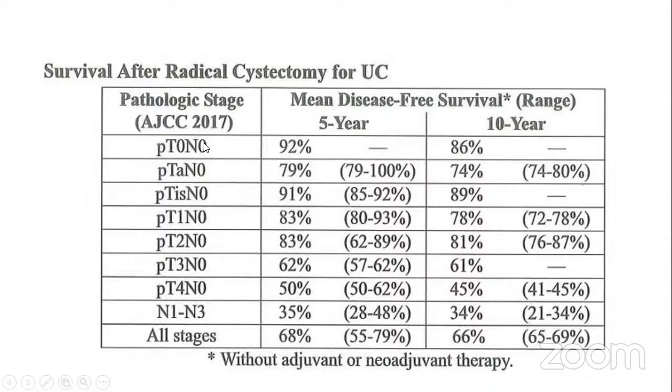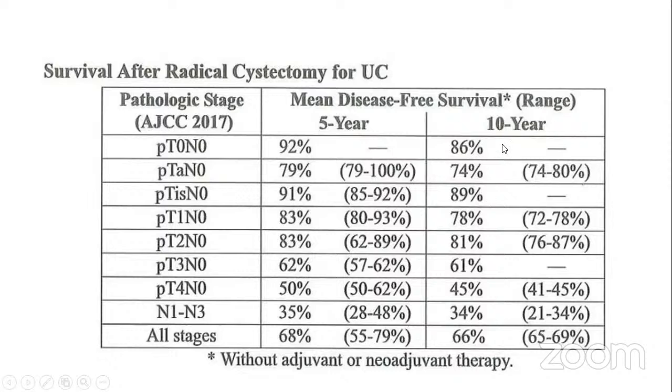As you see, pT0 N0 has 5-year survival of 92%, pTa N0 79%, pT1 N0 83%, pT2 N0 83%, pT3 N0 62%, pT4 N0 50%, N1 to N3 35%, and overall 5-year survival for all stages is 68%. That varies between 55 and 75%.